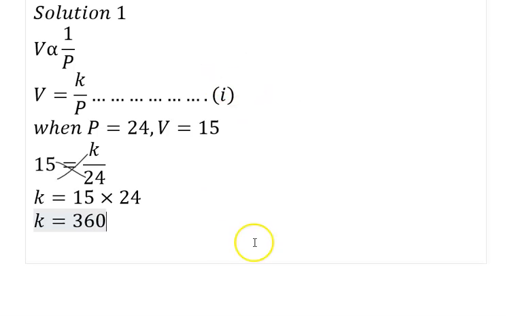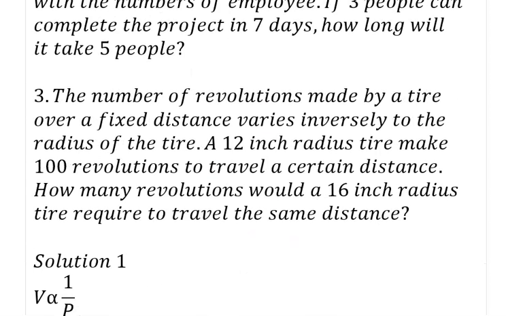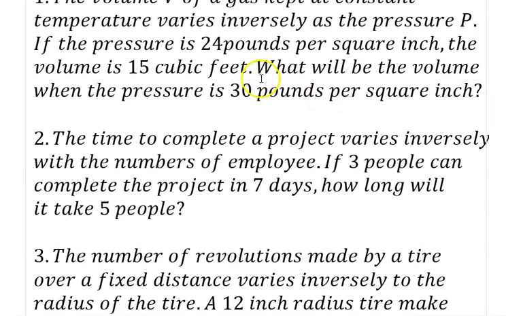Beautiful. Now that we've gotten the value of K, what's the question asking from us? What will be the volume? What is V? That's what the question is. When P is 30, what is V?